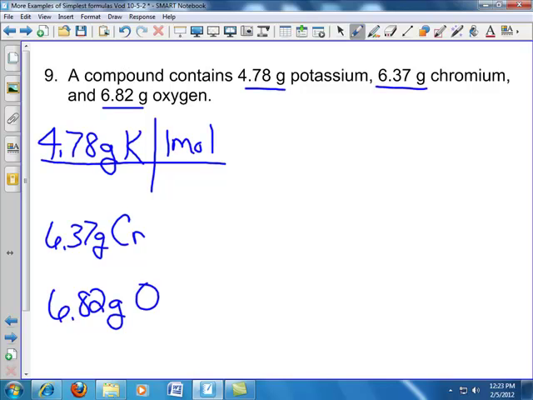Then we can just go right into the second step, which is to change grams to moles. From that point, these problems don't change. So I'm going to look up the molar masses of all of these.